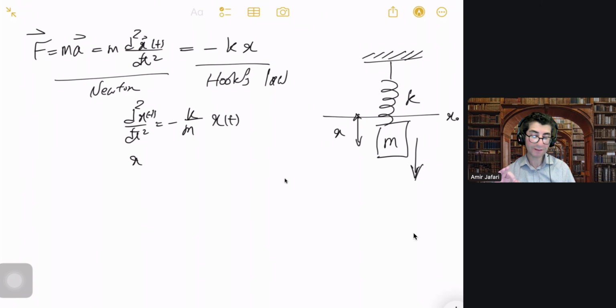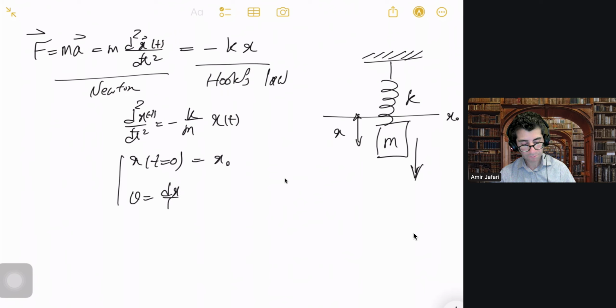That means that because it's second order, you need two initial conditions in order to be able to solve it. For example, physically, you would say I need the position at a given time, let's call it x0, suppose you know this, and also the velocity, which is the derivative with respect to time.